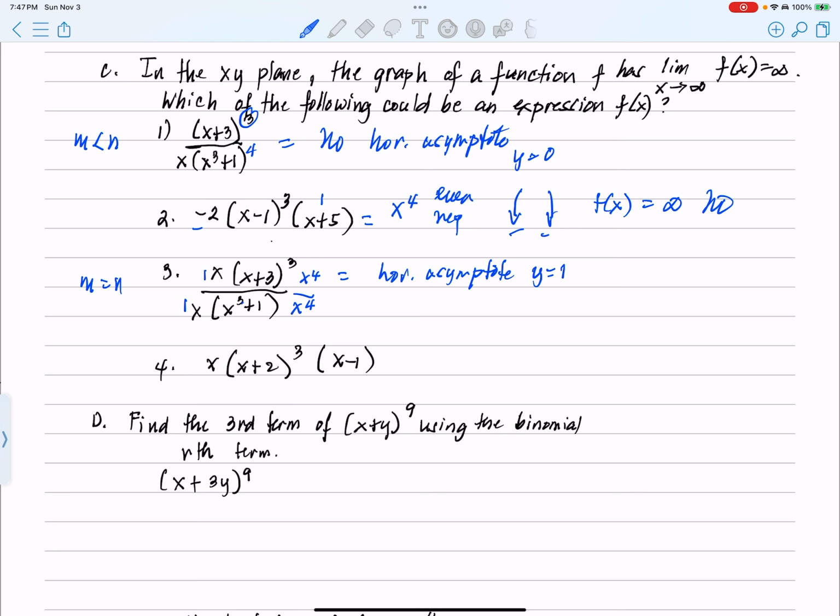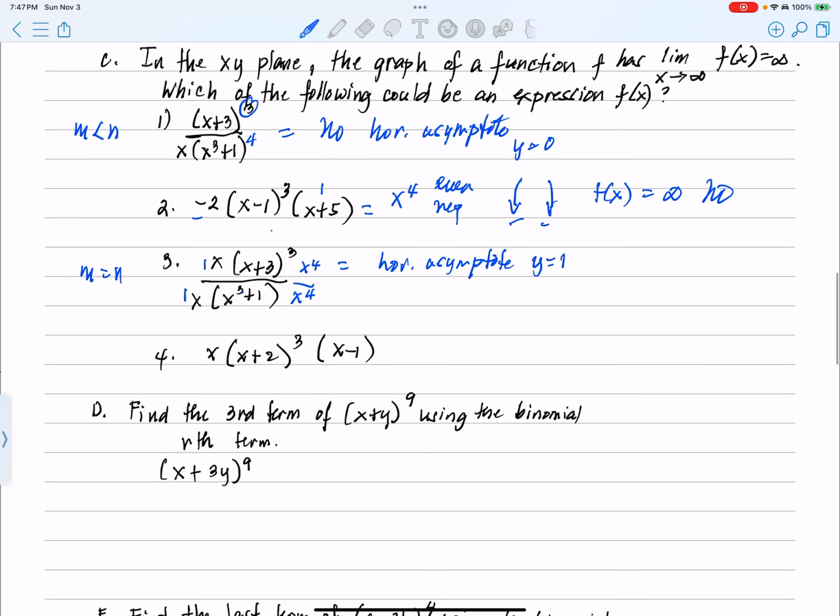While this is x, then this is x to the third, that means x to the fourth, this is x to the fifth. So we have an odd exponent, and the leading coefficient is positive. So odd positive, one arrow goes up and one goes down.